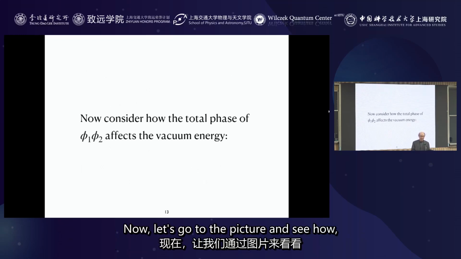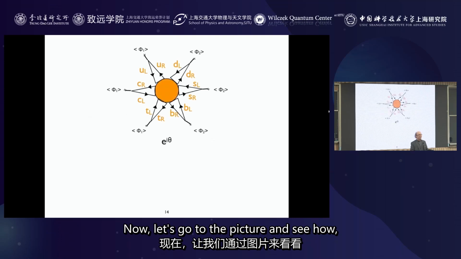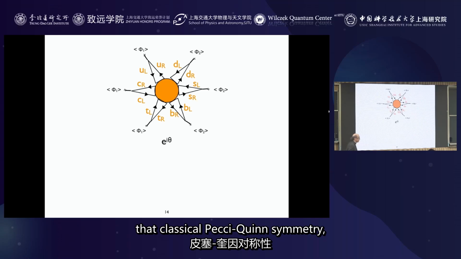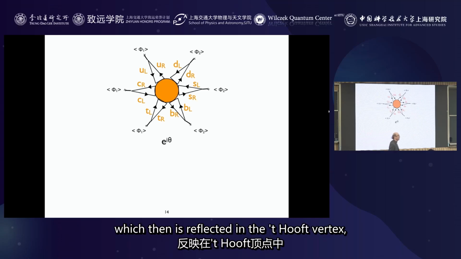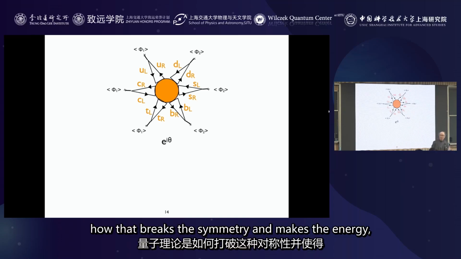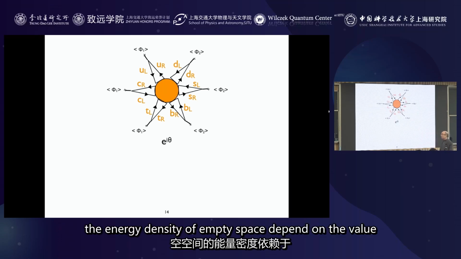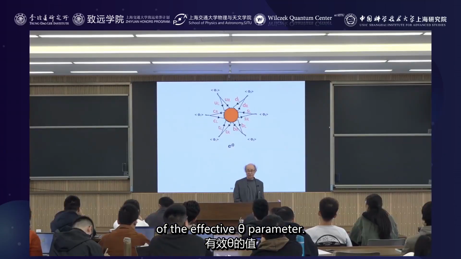Okay, so now let's go to the picture and see how, despite that classical symmetry, that classical Peccei-Quinn symmetry, the quantum theory, because of the anomaly, which is reflected in the 't Hooft vertex, breaks the symmetry and makes the energy density of empty space depend on the value of the effective theta parameter.